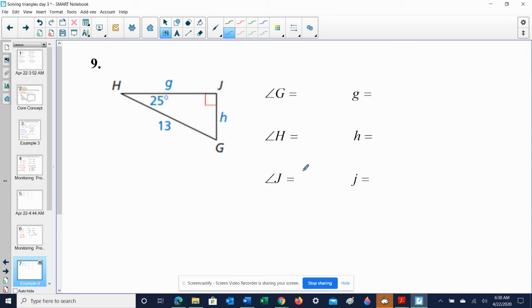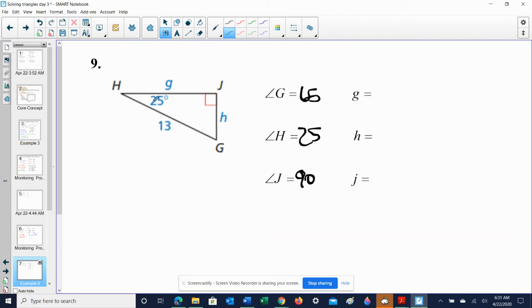J, so J is 90. H is 25. 90 minus 25, what does that give us? 65. So we found the angle right away.